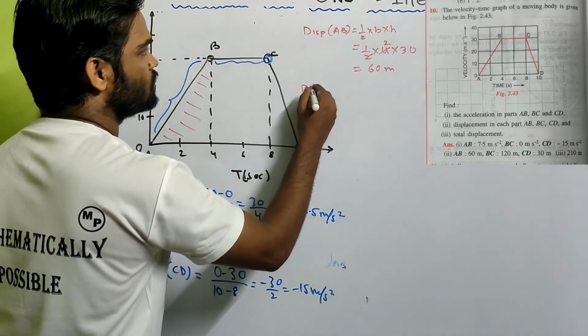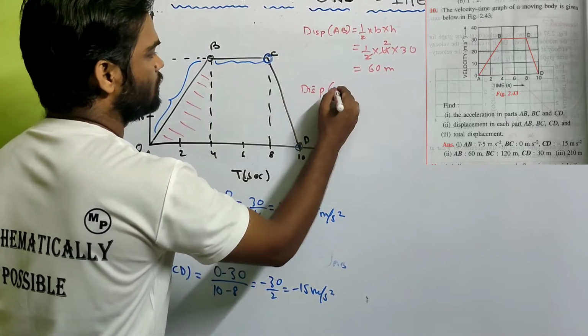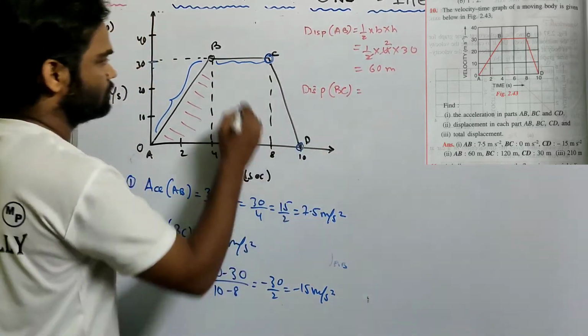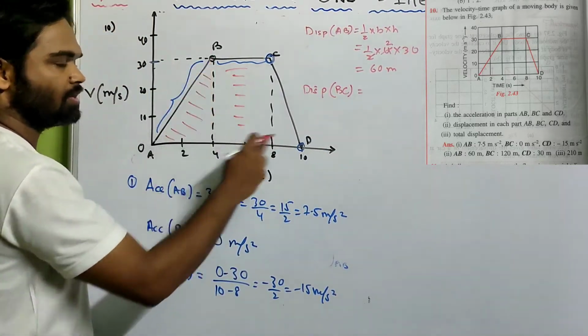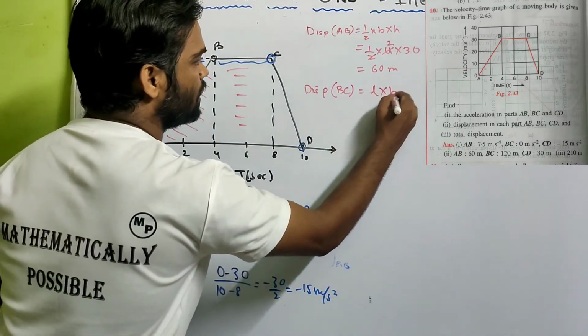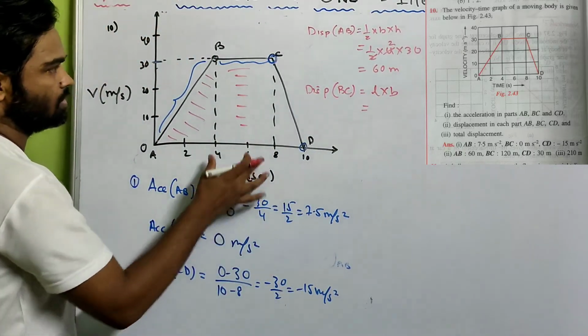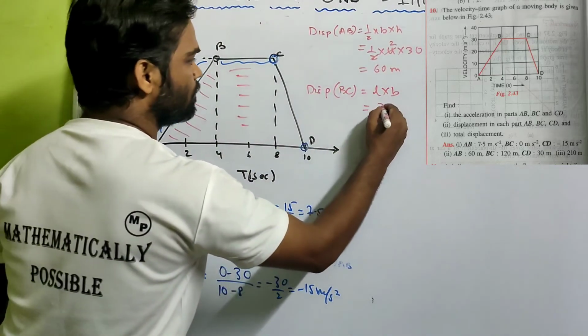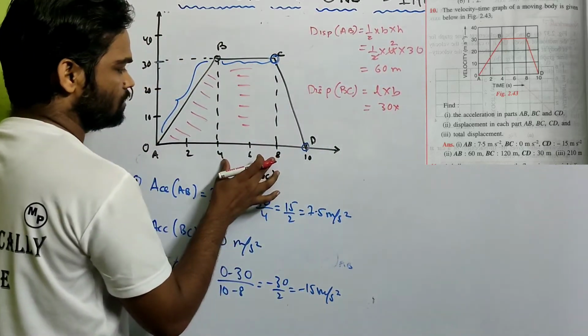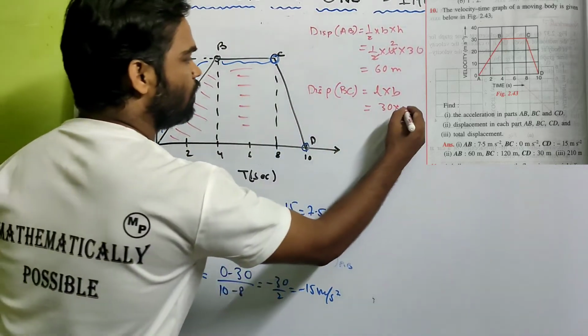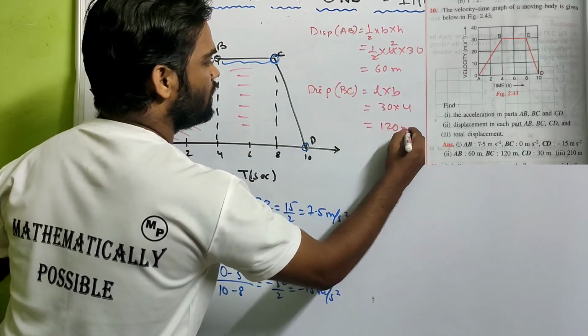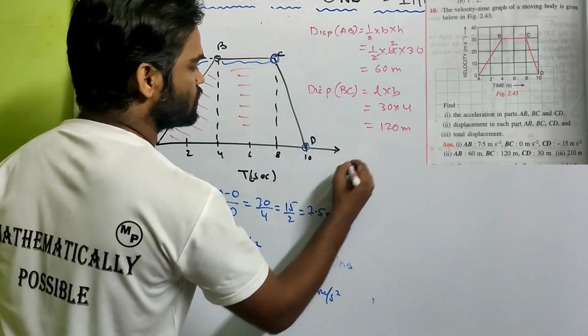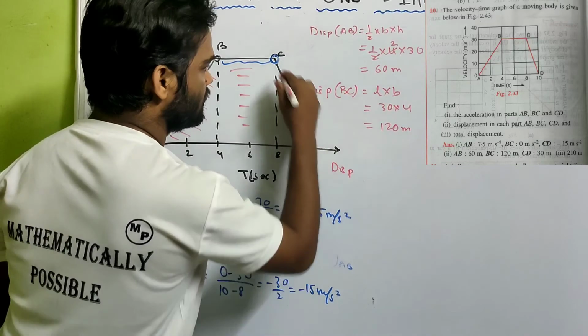Then displacement in the part BC. That's a rectangle. Length into breadth. Length is how much? 30. And breadth is how much? This is 8 minus 4, 4. That's 120 meter. Then displacement in the part CD.